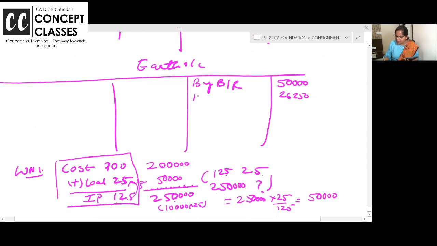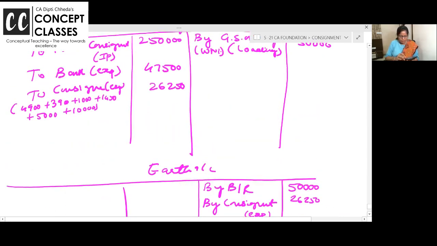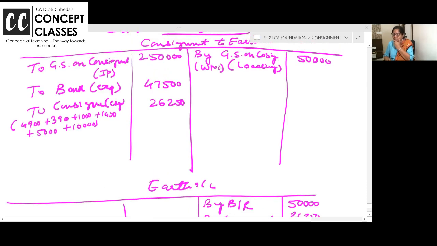I will reimburse you by consignment. Bracket में expenses. 26,250. चलो.